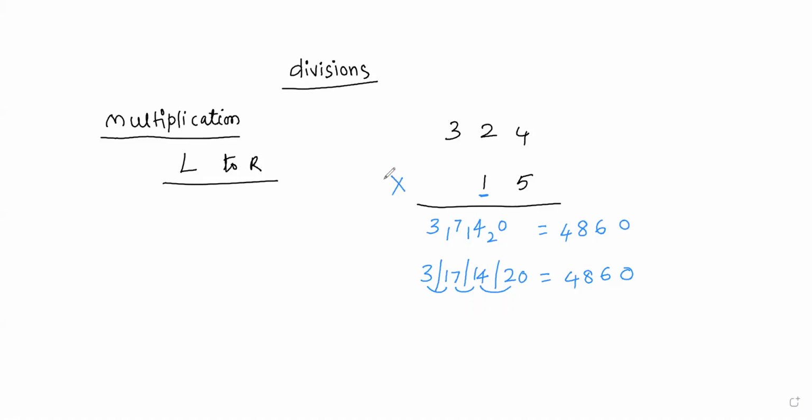But in the division, what happens is the multiplier and multiplicand are going to reverse. How? So 15 times 324 will come. It looks like this.